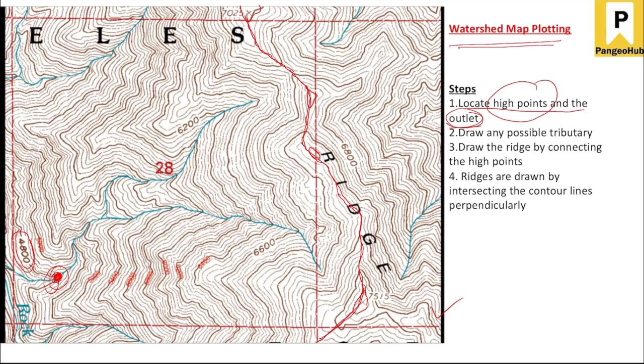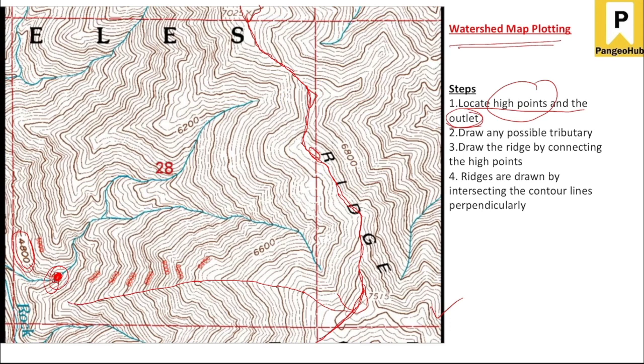Then we will go down the valley to plot the watershed. Now if you go down, we will find the areas. First, imagine the areas where water can go to join that particular outlet system. Here if you go in this direction, you join it, then we'll go like this.